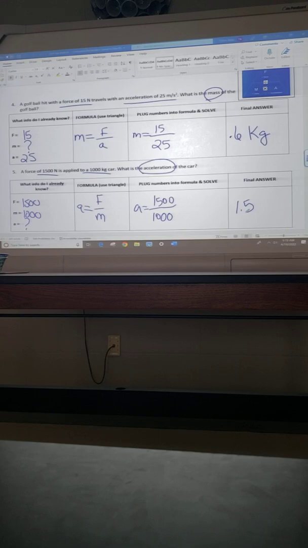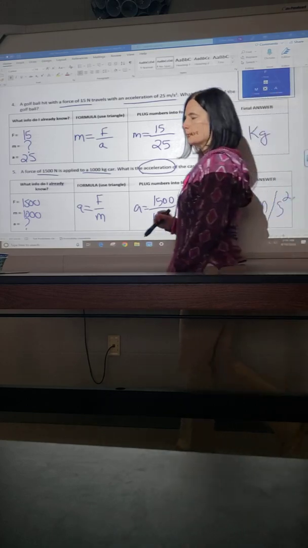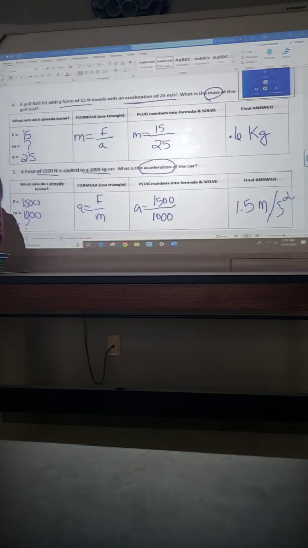Yep, we have the meter, but what else goes with it? Yep. And then we have to include that little square, right? Good, so meter per second squared. So now you have an example for all three variables. So if you need to look back at how to do one, you have a nice example.